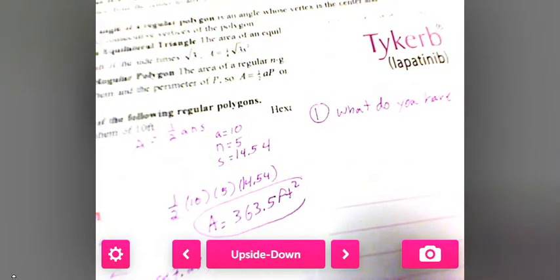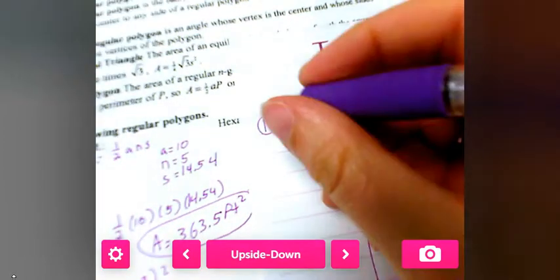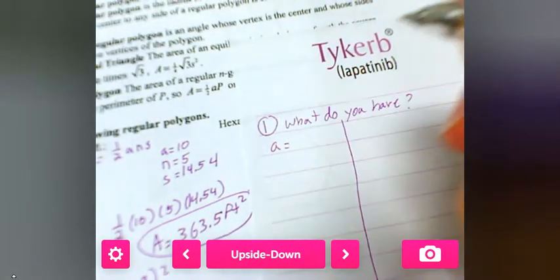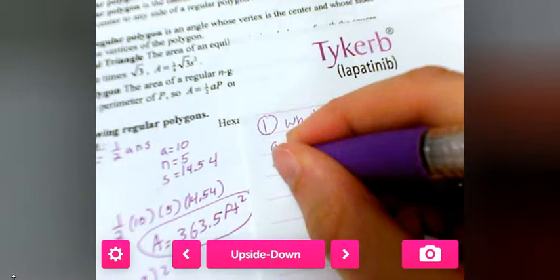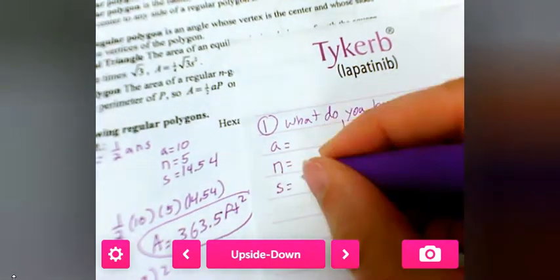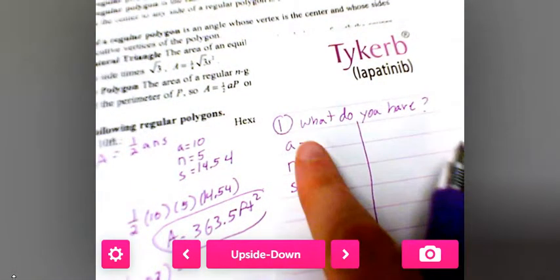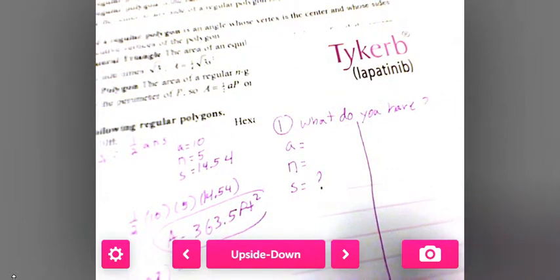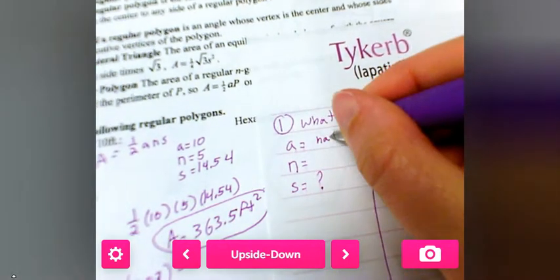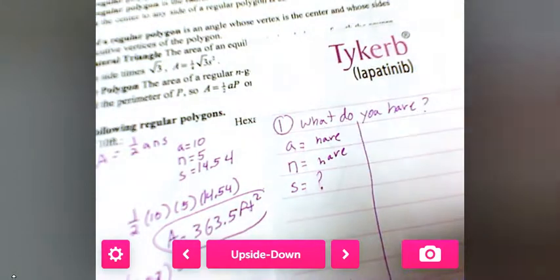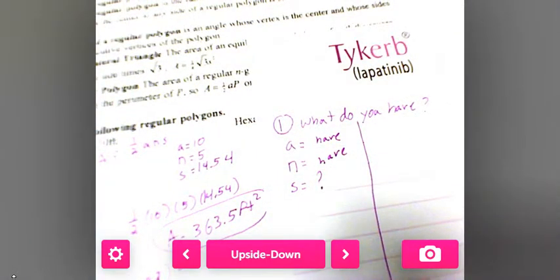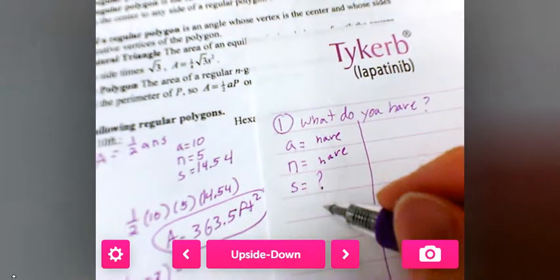If you have the apothem, number of sides, but don't have the sides, you're going to follow these steps. Somebody get the door for Miss Whitley, please. But don't have the length of the sides, you're going to follow these steps.